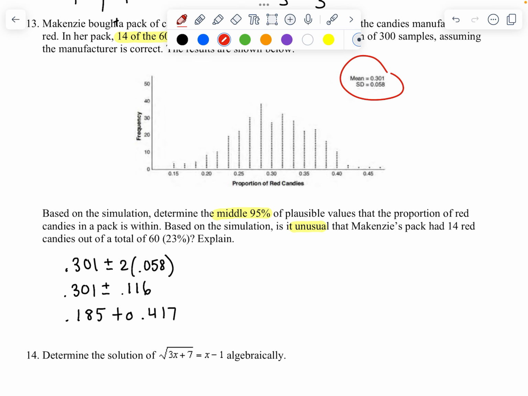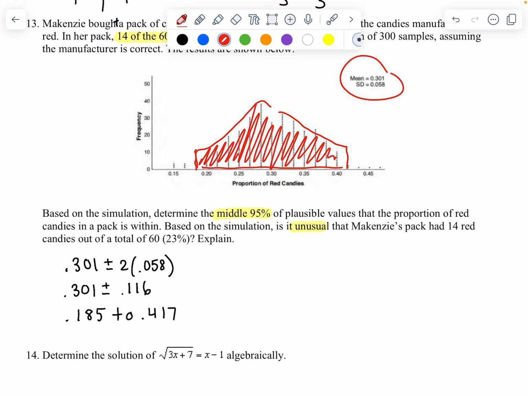So all that means is if I kind of look to find about 0.18, maybe somewhere over there, and somewhere over there, all we're saying is that all of this inside we believe is considered usual. Anything outside we consider unusual. Okay? So we want to know, where is Mackenzie? Is Mackenzie inside or outside?